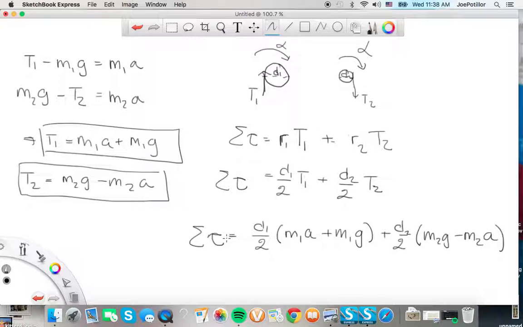Now, from here, what I want to do is to get all accelerations on one side. I want accelerations together, and I want gravities together. So going through all that, we should end up with, okay, because we'll come back. We'll deal with this sum of torque in a bit here.